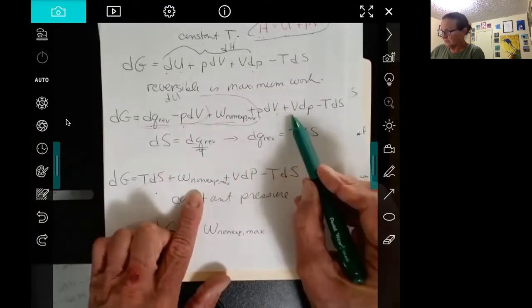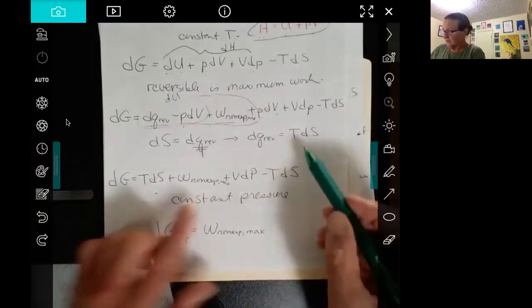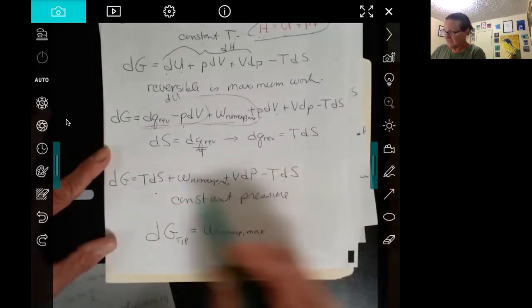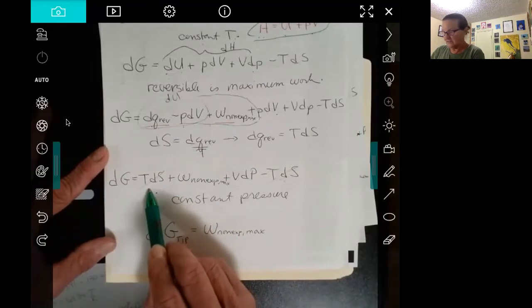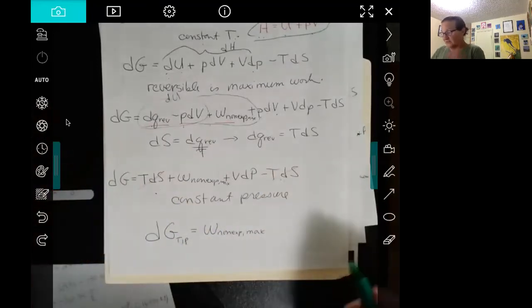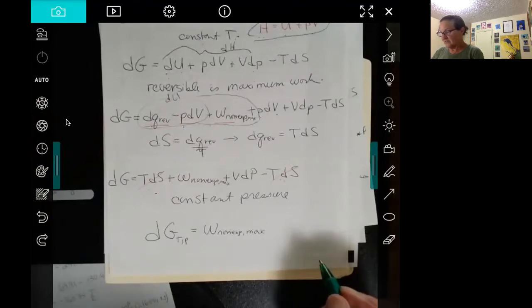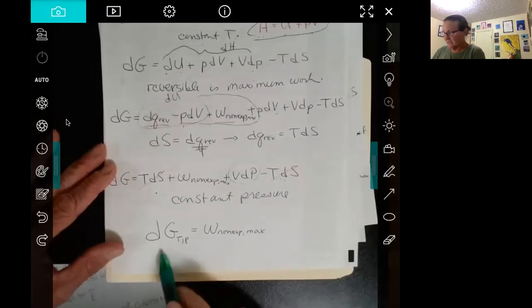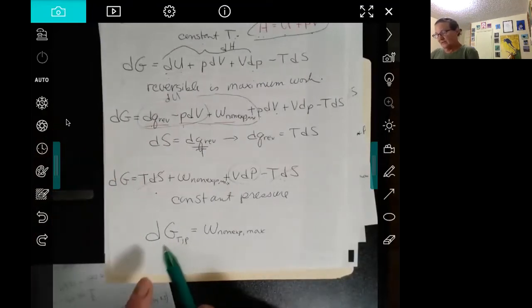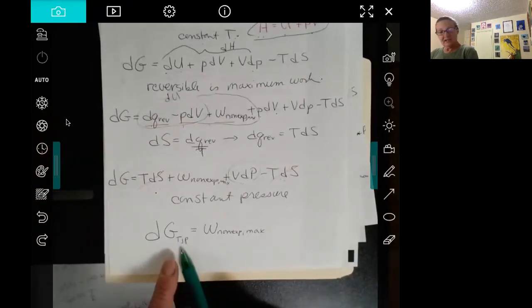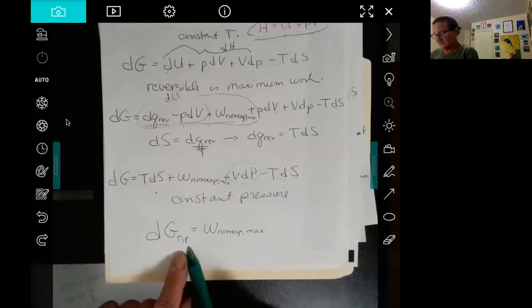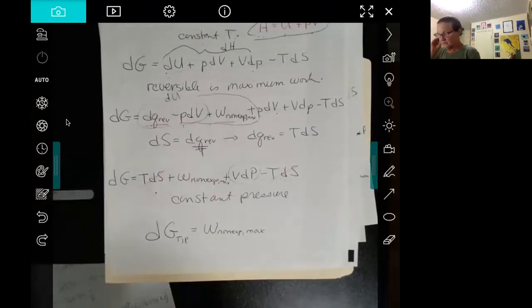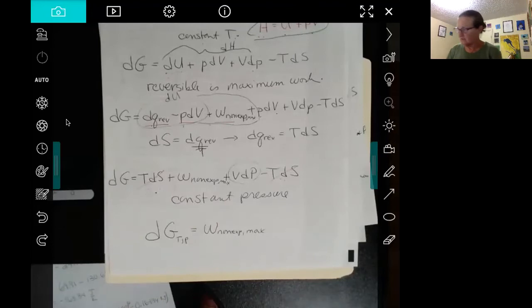So we're then left with VdP, and now this TdS is going to cancel with this TdS. Put on our very last restriction, we're carrying out the reaction at constant pressure, then this term goes to 0, and you've just proven that a Gibbs free energy change, if the process is carried out at constant temperature and pressure, is equal to the maximum amount of non-expansion work.